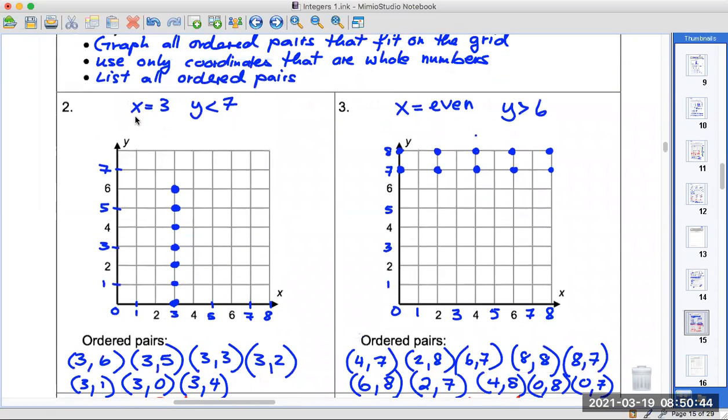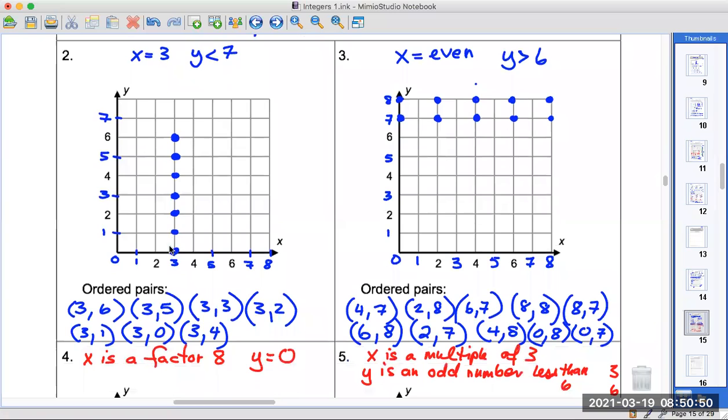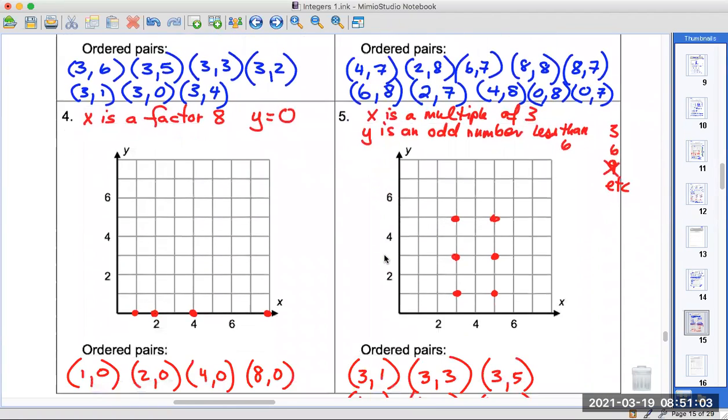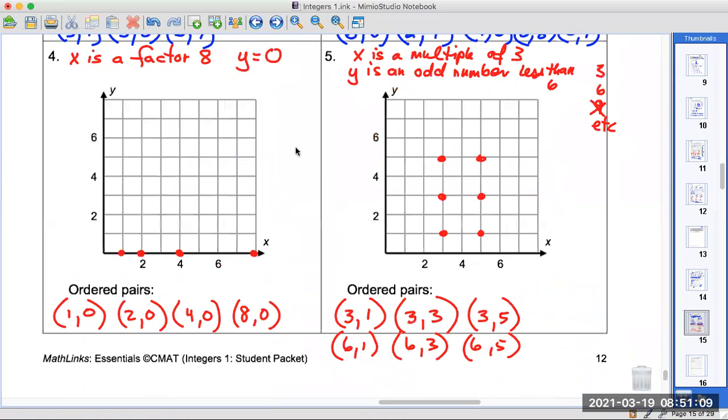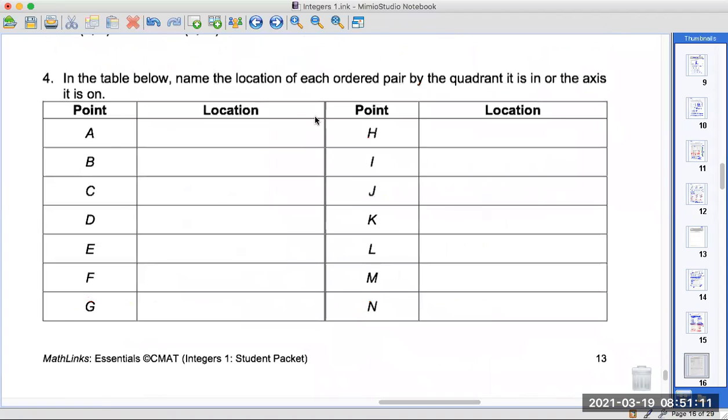So the parameter was X has to be 3 and all your Y values have to be less than 7. So that was the task. See, notice all the X's are 3 and all the Y values are less than 7. They cannot be 7. And so on and so forth. So I gave you 4 of these questions. And you mastered that really well. That was page number 12. And then we move on.